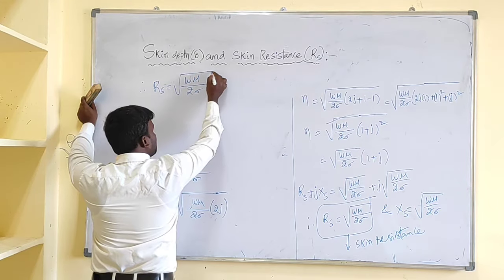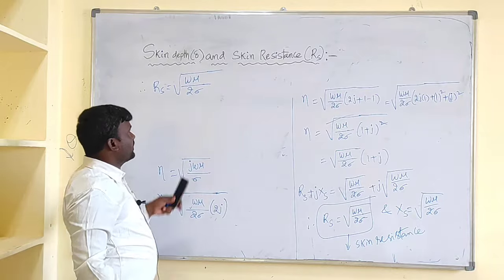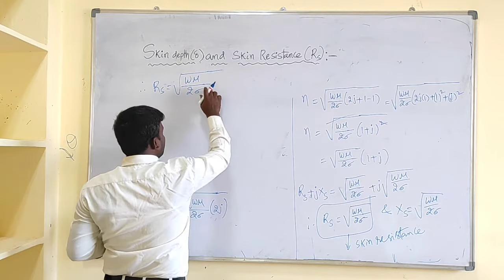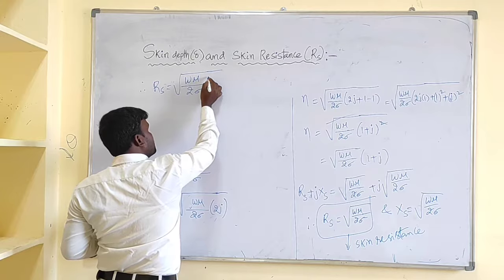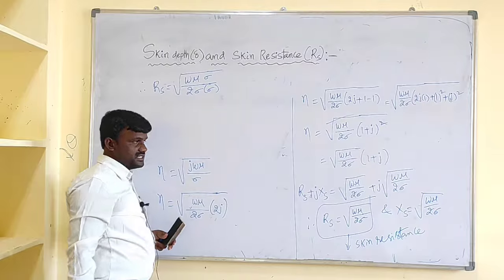Let us multiply the numerator and denominator with sigma. So it is multiplied with sigma here, and there is no change in the expression.